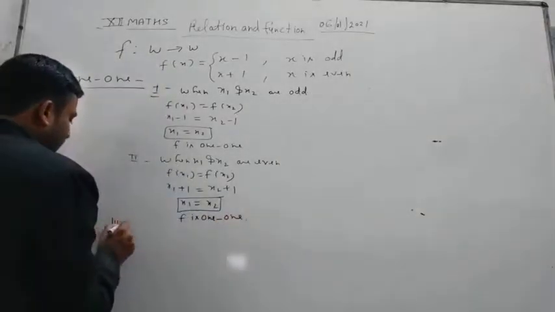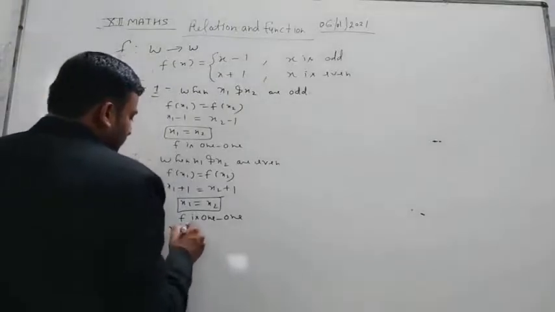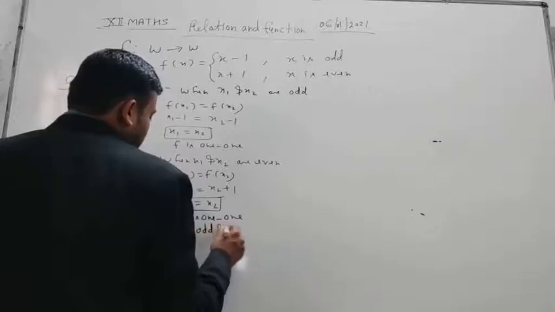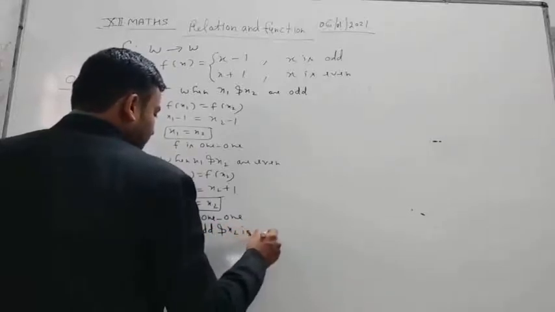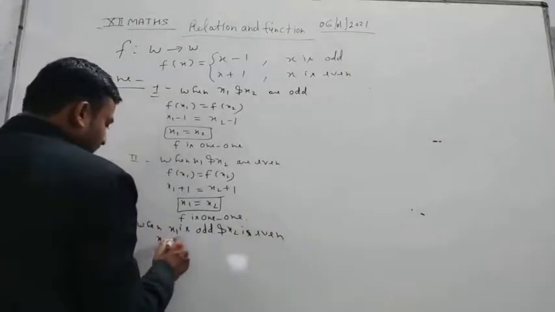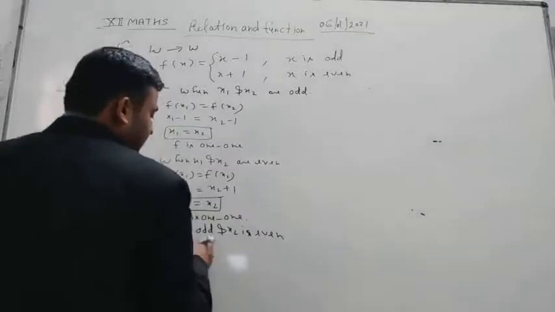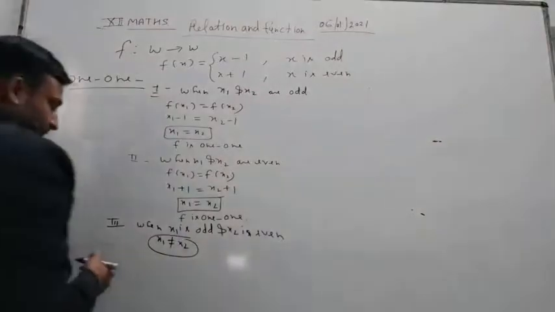Now in third case, student, when x1 is odd and x2 is even. So student, our x1 will not be equal to x2 because x1 is odd and x2 is even, so both cannot be equal. Okay.